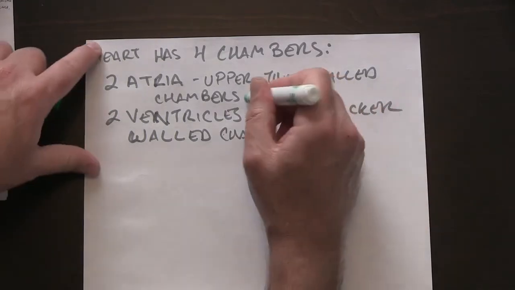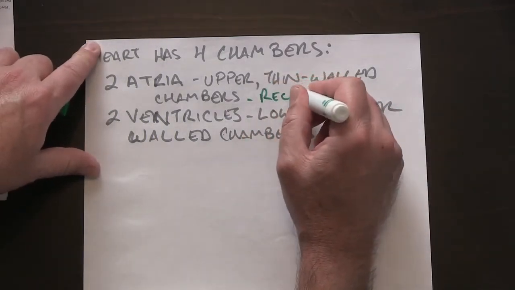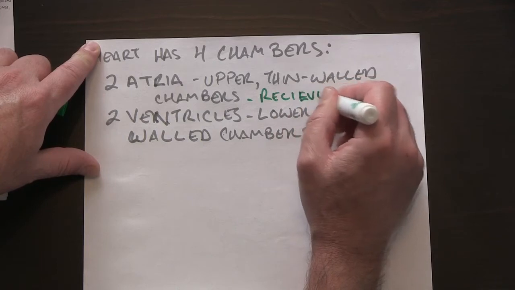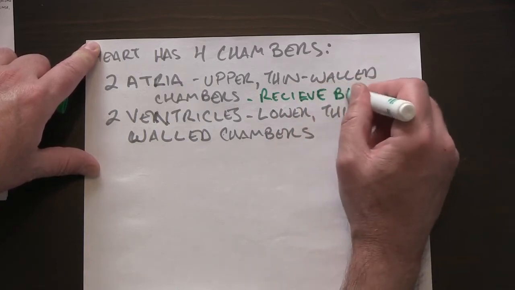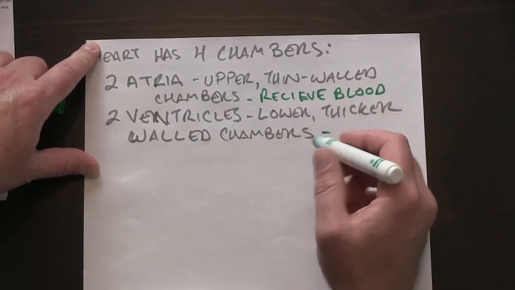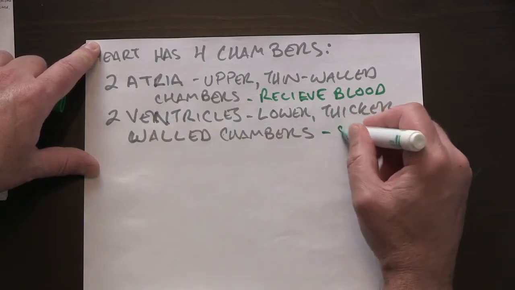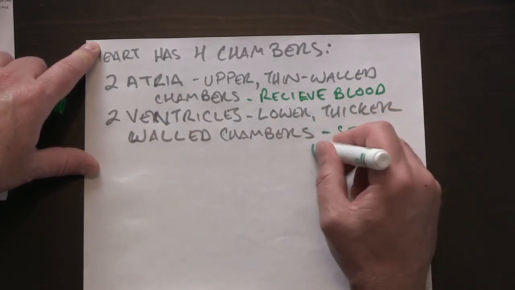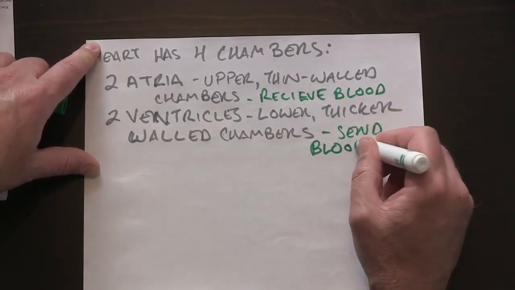And the atria receive blood into the heart. And the ventricles send blood out, either to the lungs or to the body.